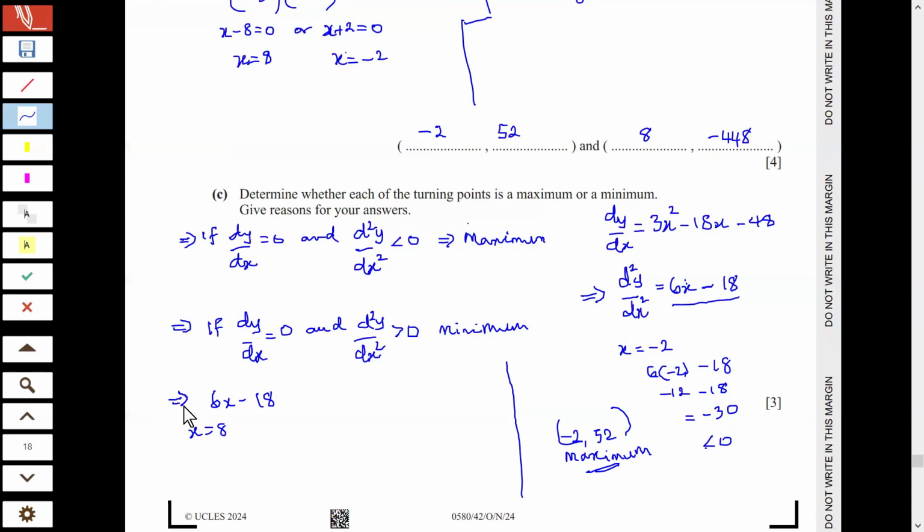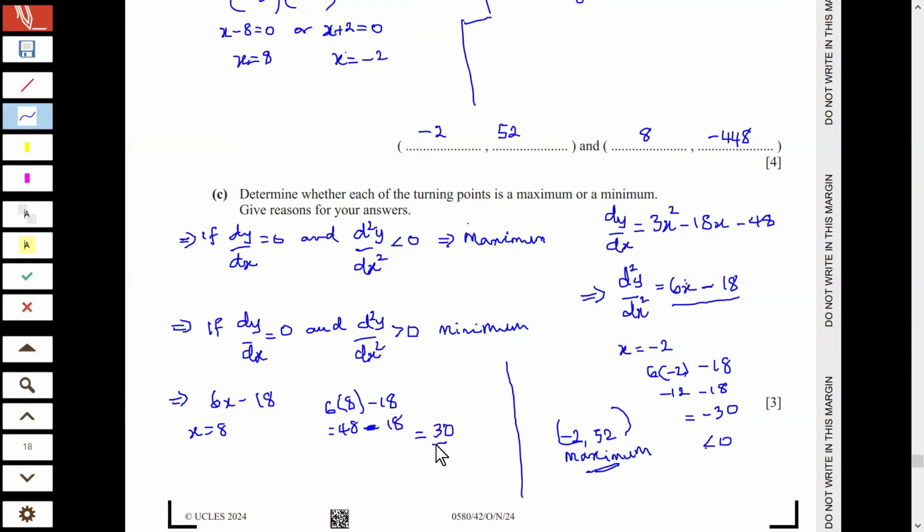We have 6 times 8 minus 18. Of course, 6 times 8 is 48, and 48 minus 18 is equal to 30.